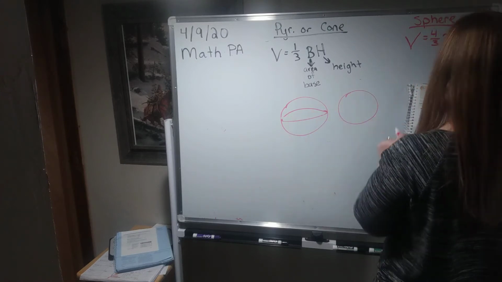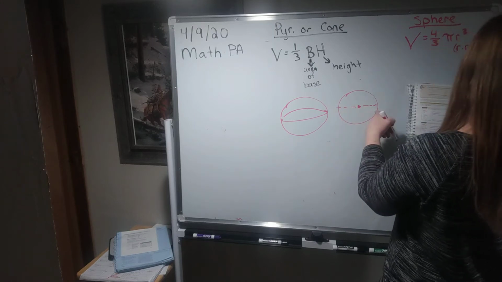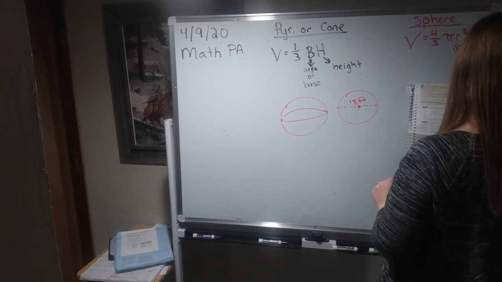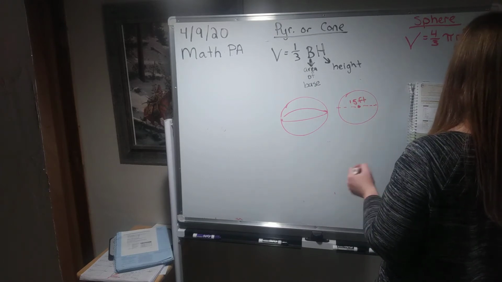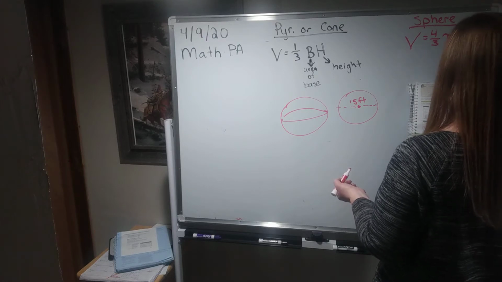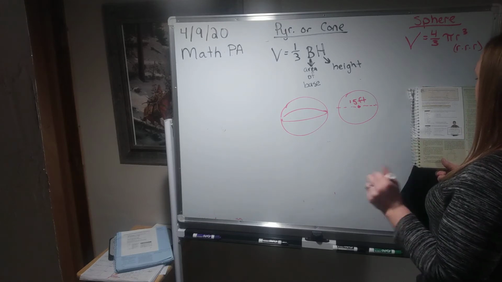It has a diameter, which goes all the way across through the middle, of 15 feet. Find the number of gallons it will hold. And it tells us that 1 cubic foot equals 7.48 gallons. So we'll come back to that.